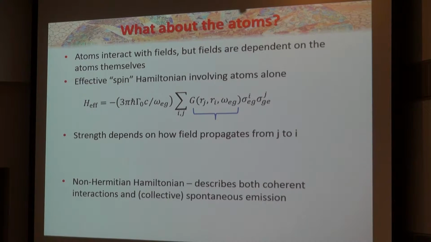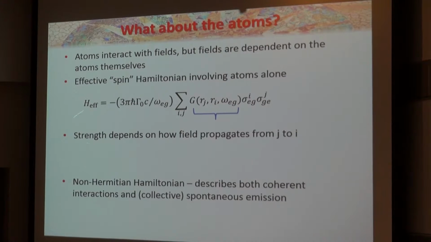Technically that's true. It's not going to be very important here, which is why I'm just going to restrict it to this shorthand notation. But the fact that it's non-Hermitian does encode important physics, because it not only describes this possibility of coherent interactions, where atoms exchange their excitations back and forth, but it also describes spontaneous emission, and particularly allows the spontaneous emission to be collective as well.